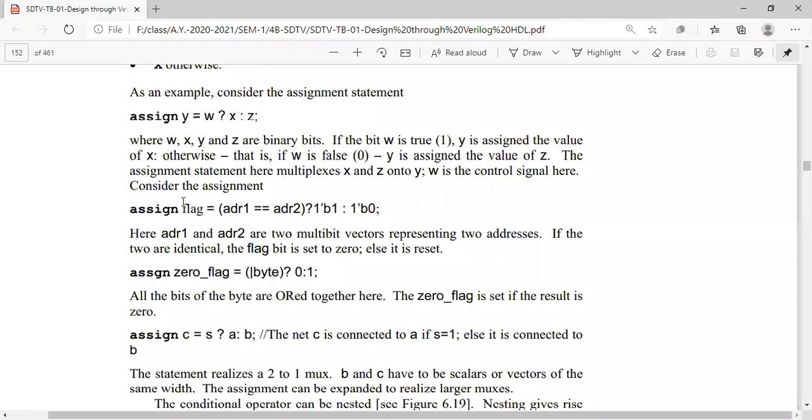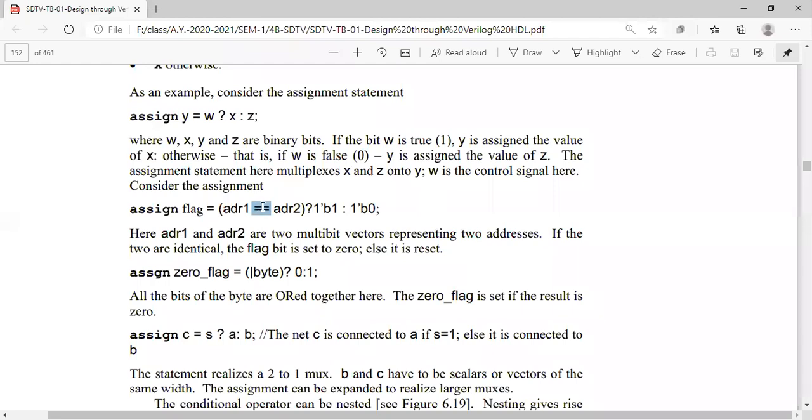So next, here you have a flag. If address 1 is equal to address 2, why are we using this? This will perform bitwise comparison, bitwise equality, right?